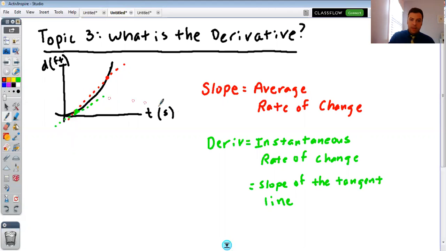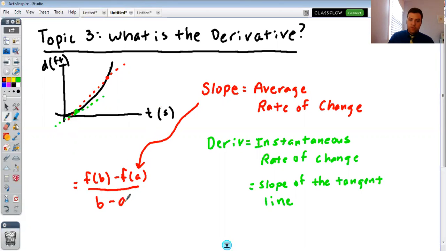My red line, my average rate of change, we could think of this as change in y over change in x, right? Just like you did in Algebra 1, rise over run. So whenever we think of average rate of change or the slope of the secant, we're thinking of it this way.